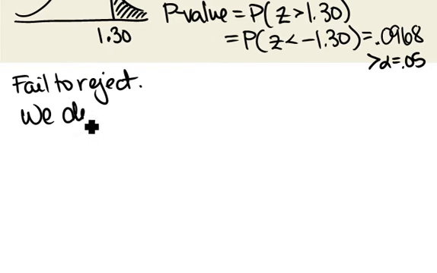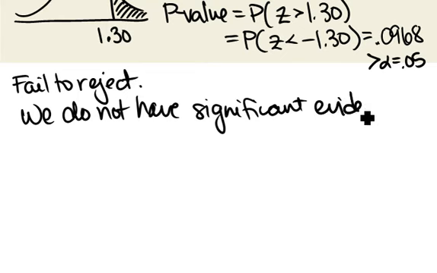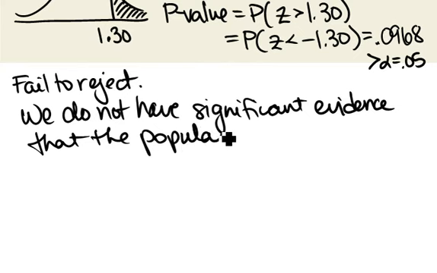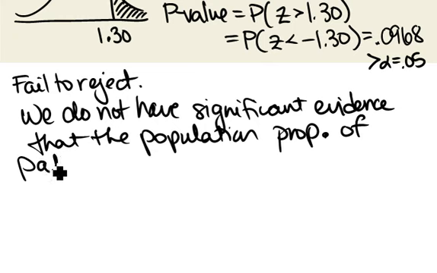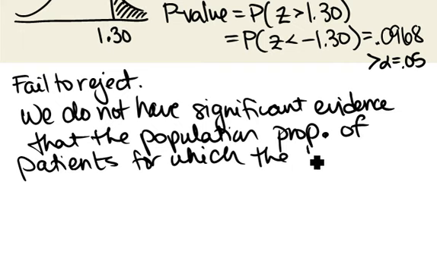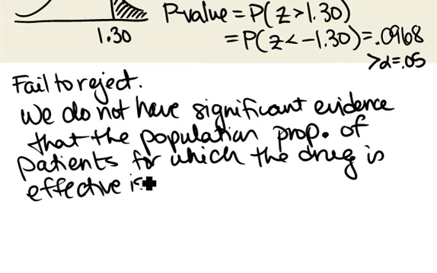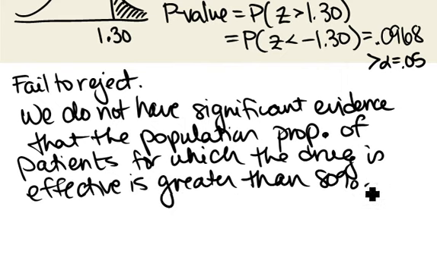So here we do not have significant evidence that the population proportion of patients for which the drug is effective is greater than 80%. To answer the question, then, they would not want to market the drug.